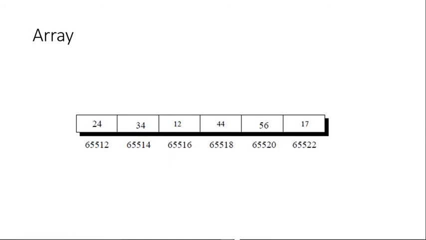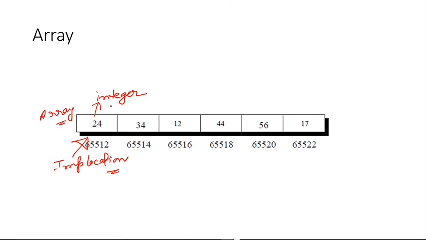So how are the values stored in the array? These are all integer values in an integer array. Here this position will be very crucial, it's an important location. Let us say the name of this array is array.